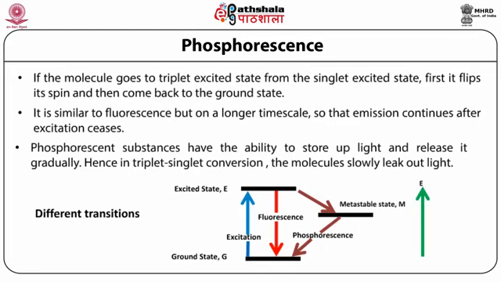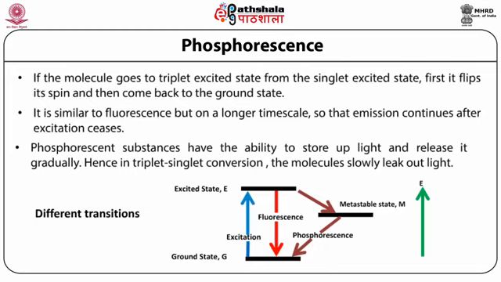In fluorescence, the observed light is spontaneously emitted about 10 to the power minus 8 seconds after excitation, as compared to phosphorescence, which requires about 10 to the power minus 3 seconds or days or years depending on the circumstances.